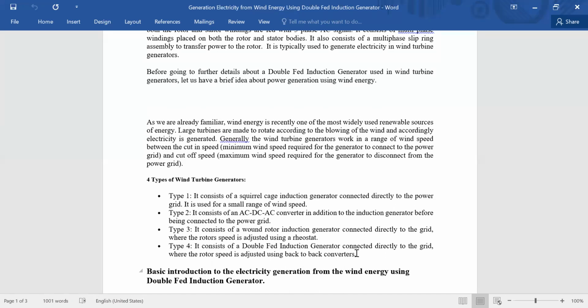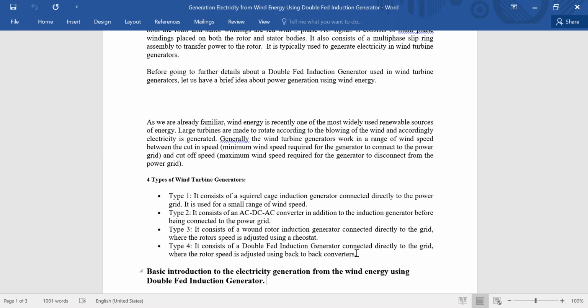When we talk about type 1, as we know, an induction motor is either a squirrel cage induction motor or a slip ring induction motor, but most industrial use is the squirrel cage induction motor, because its construction is very rugged and almost unbreakable. So we are using the squirrel cage induction generator.